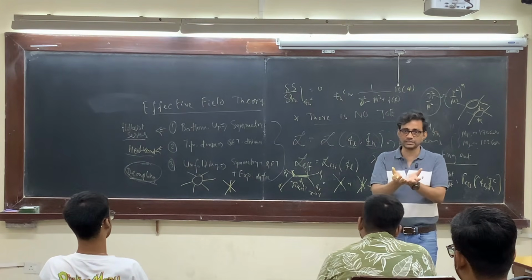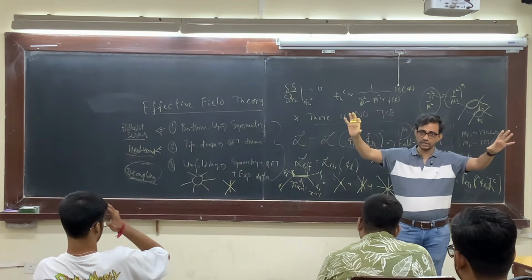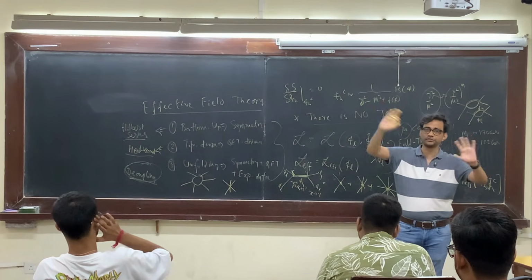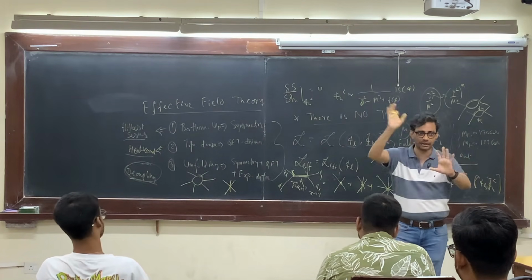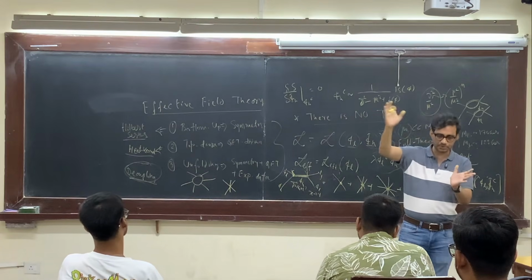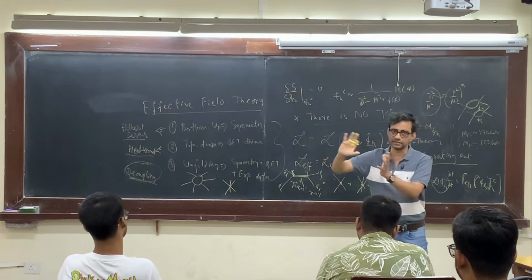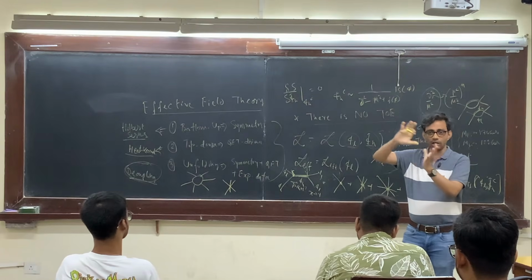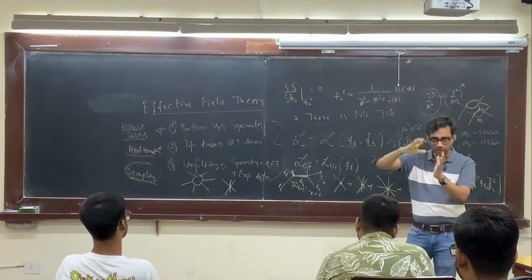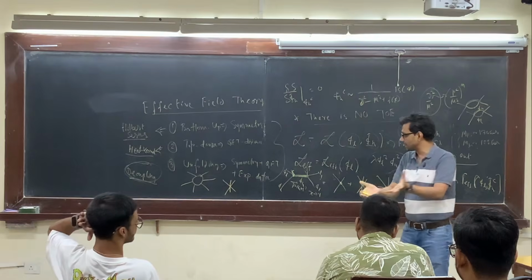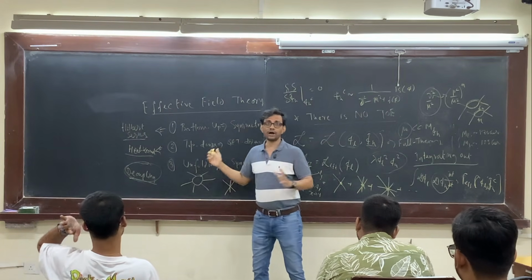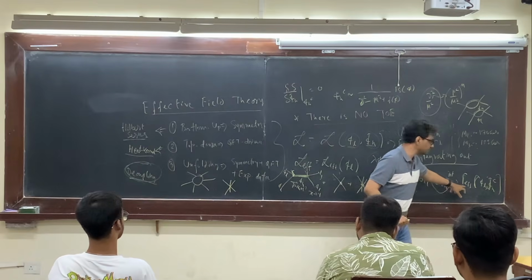What Wilsonian EFTs do is, you start with the UV theory, and your integration limit is basically 0 to infinity. You truncate that into 0 to lambda and lambda to infinity, and all the modes between lambda and infinity are what you are integrating out in the path integral, right? If you integrate out all the modes in that range, then you generate this kind of non-local effective action, what I am calling this thing.